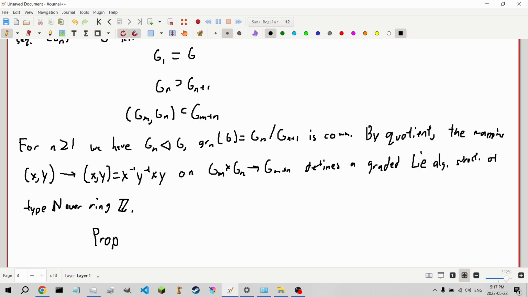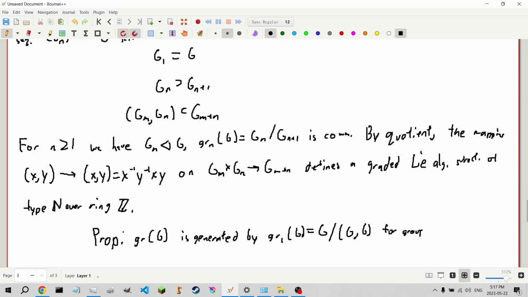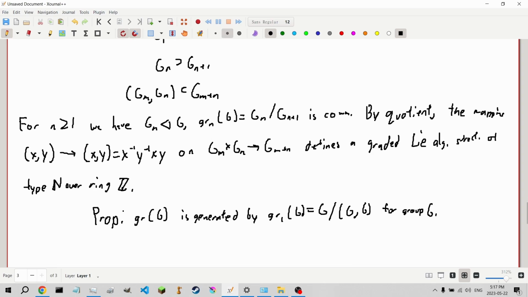Which is that the graded version of G is generated by GR1 of G, which is equal to G over its derived group, or derived algebra, I guess, because G is a group. I don't remember if that's an official name or not, but it's what I'm going to call it.